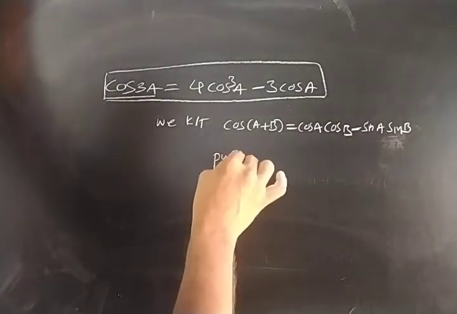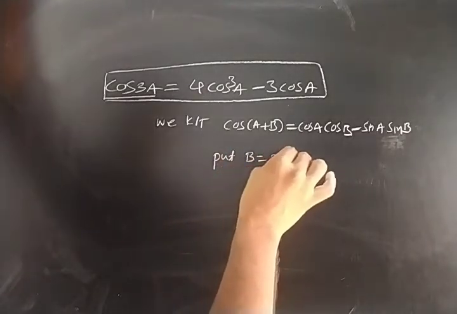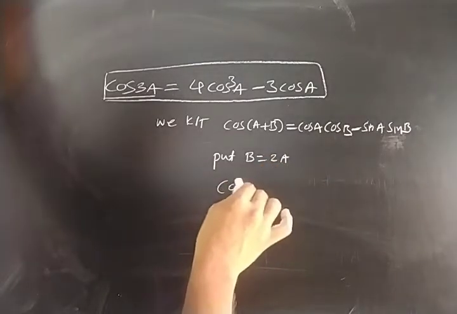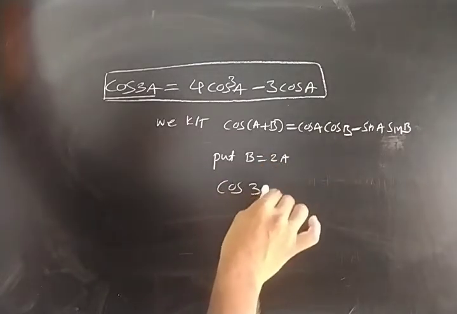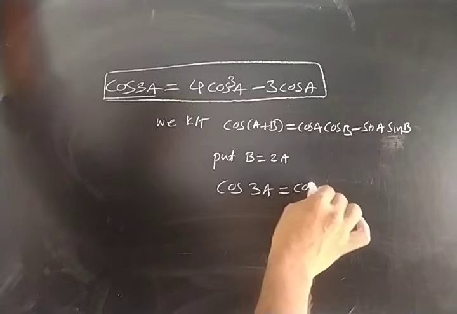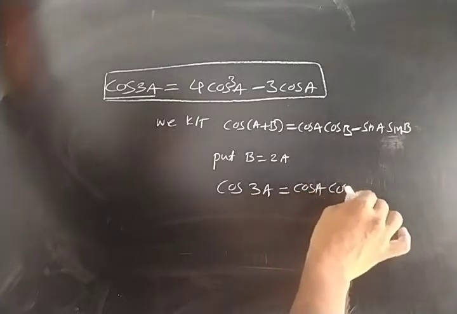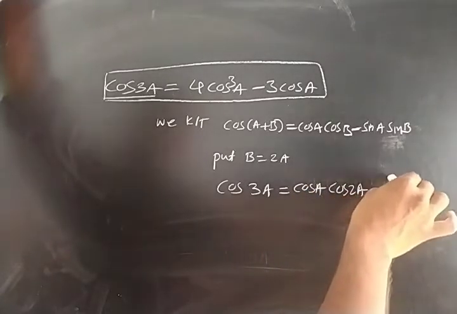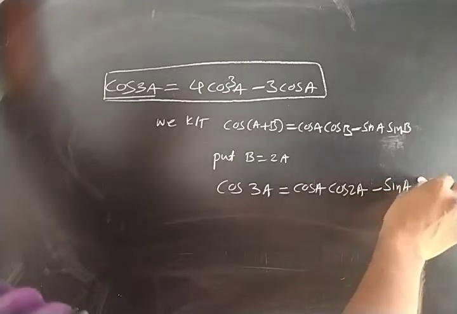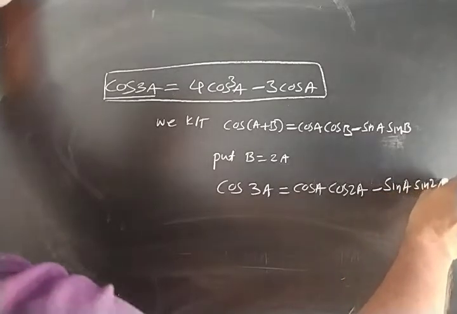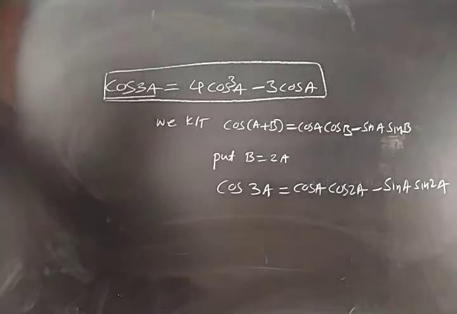In place of b I am replacing 2a. So you will get left hand side cos 3a, right hand side cos a cos 2a minus sin a sin 2a. Every term should be converted into cos.